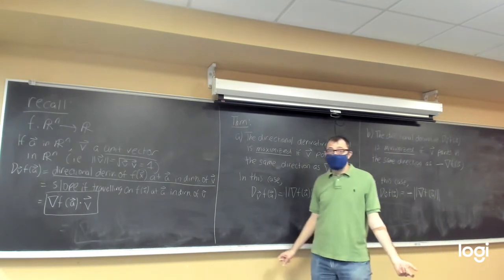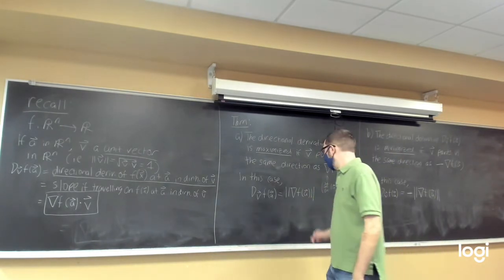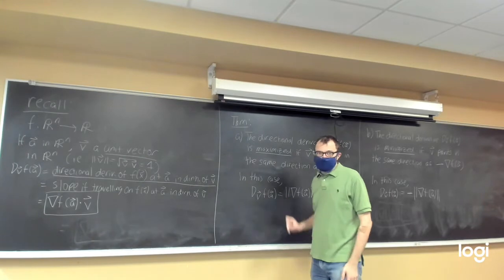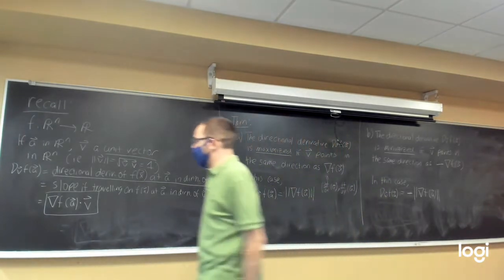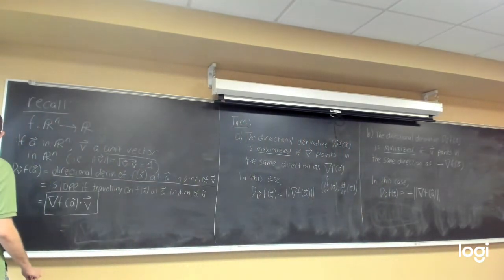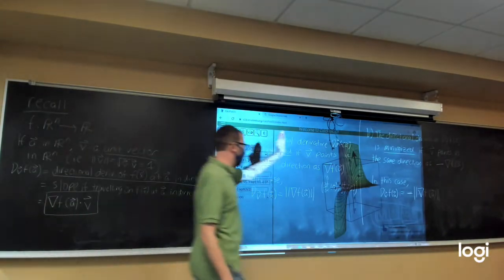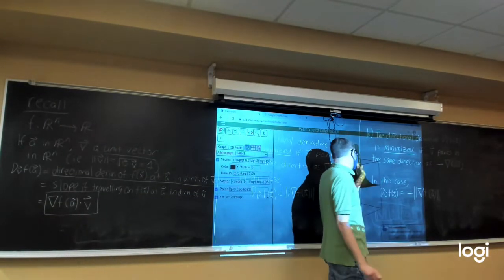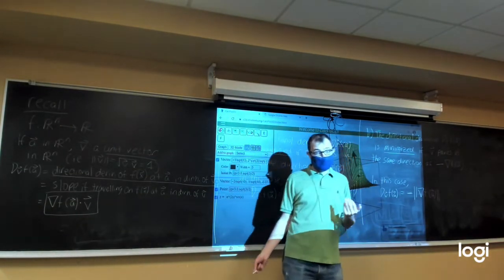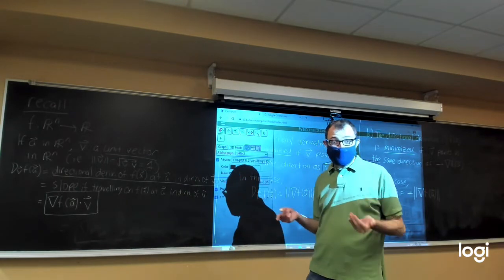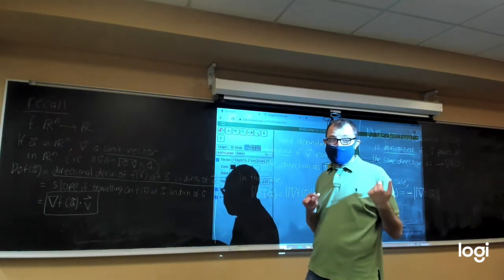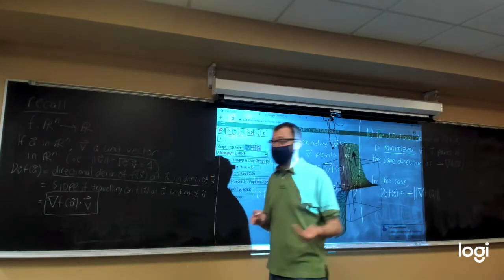It's just going to be equal to the gradient vector's magnitude. Meaning, if we go back to our graph for just a second, if we were walking up in this direction, the slope we're going to get, the number corresponding to the steepness, is going to be equal to the magnitude of your gradient vector at that point.